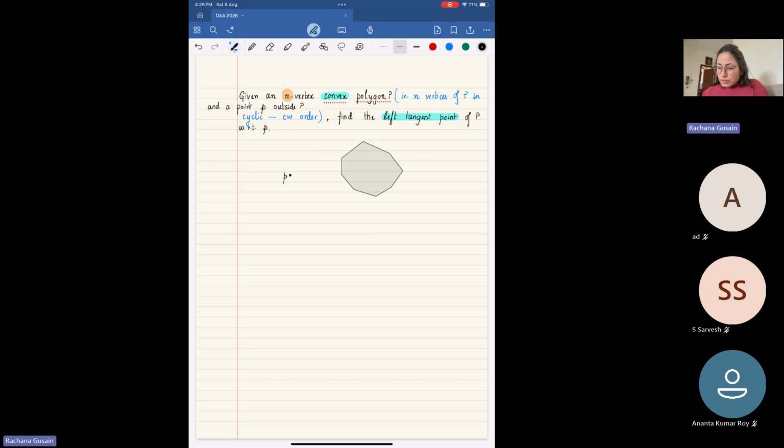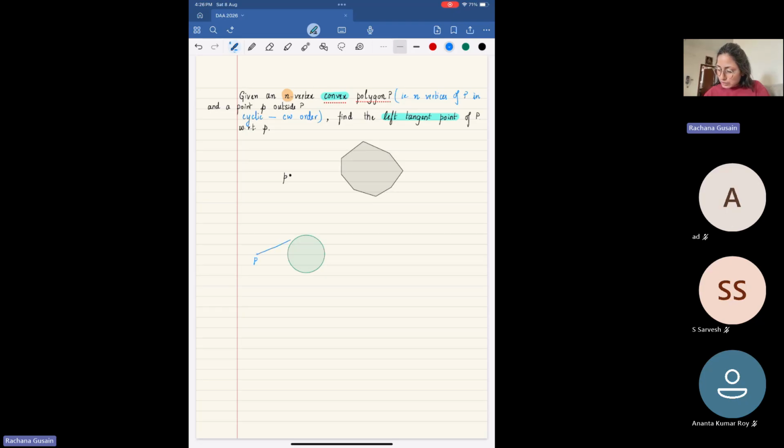Now, what I mean by a tangent point is like this. You know what a tangent means with respect to a circle, right? So let's say I had a circle, and I'm given a point outside this circle. I want to find the two tangents from this point to the circle.